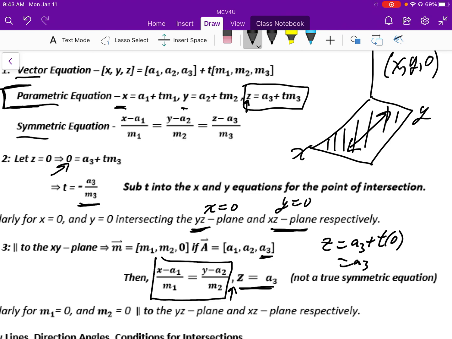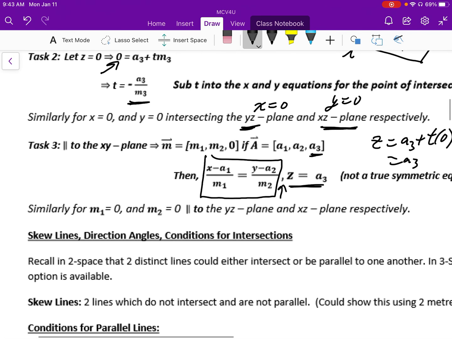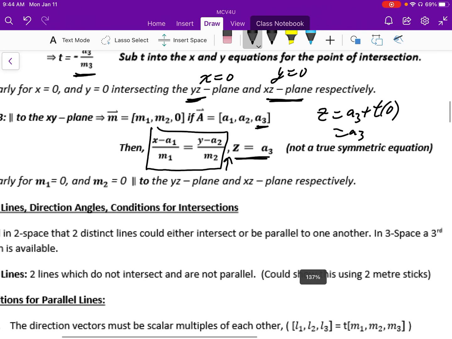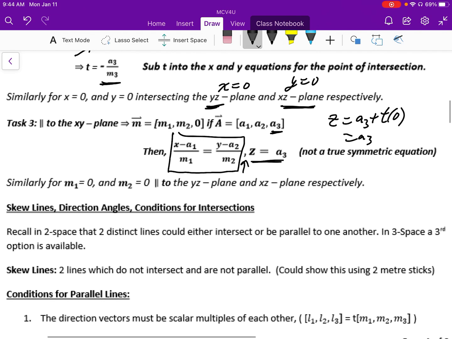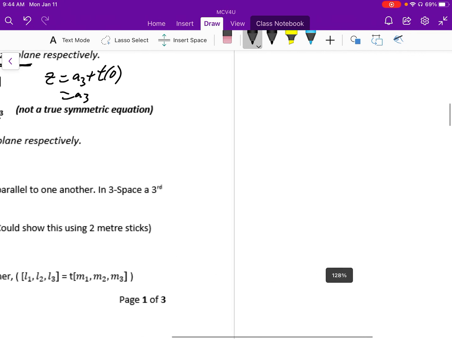So now, here's what we're going to do. We are going to take a look at two lines. How do two lines relate with each other in 3 space? All right. Now, with these definitions, notice there's nothing on the right right now.